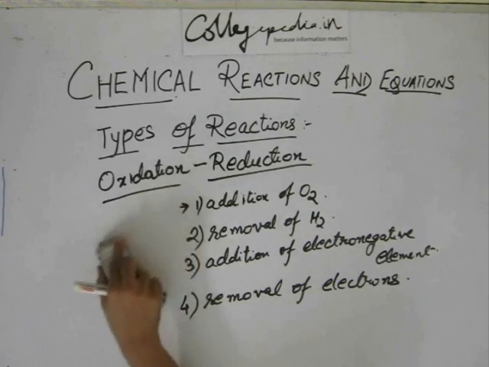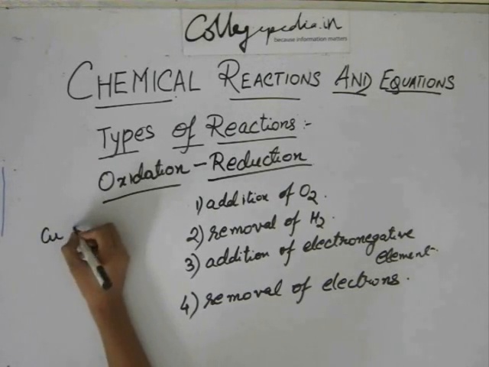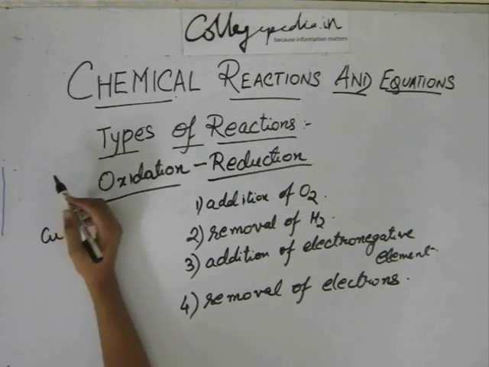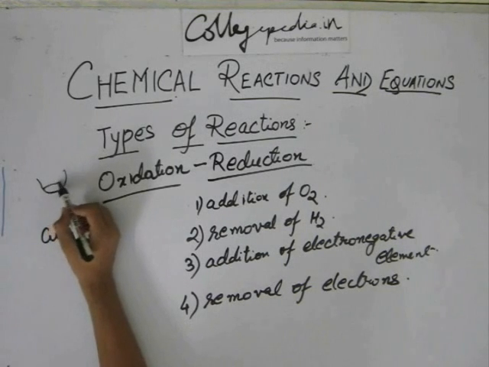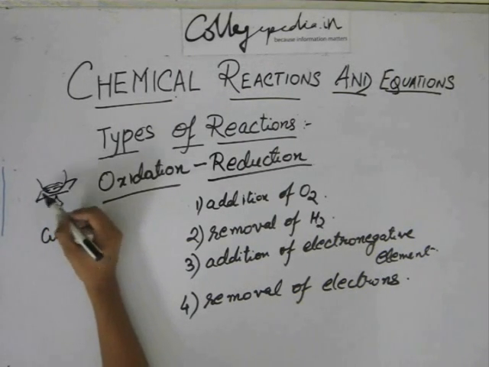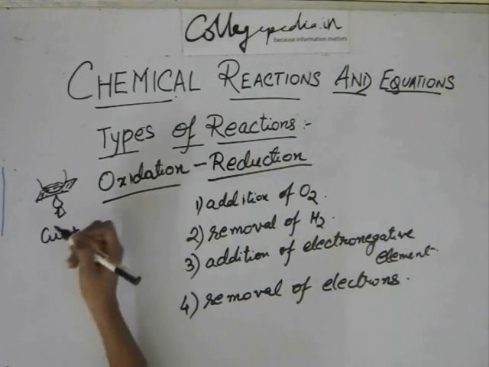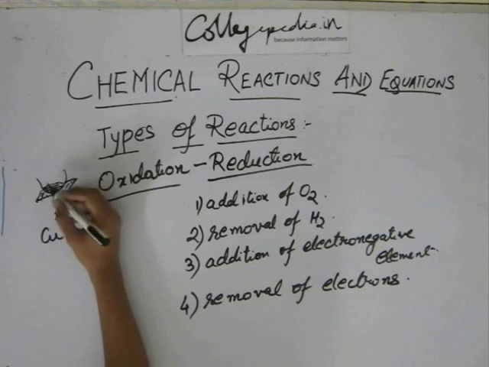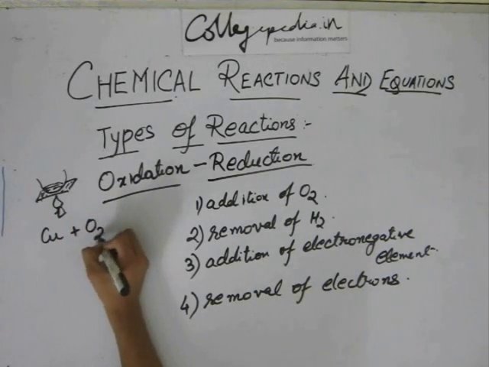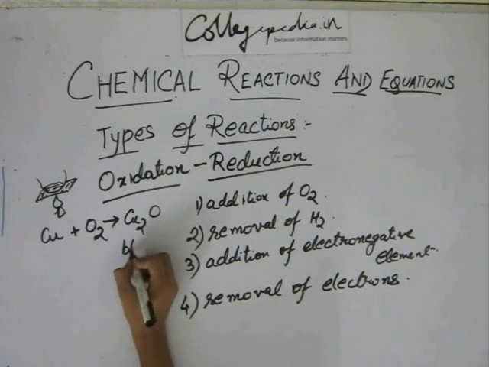So for the first thing, addition of oxygen, we have one very simple example. You have copper in a china dish and you heat it on a Bunsen burner. So what will happen? The thing is that this brown colored copper, when on reaction with oxygen, gives Cu2O, which is black in color.